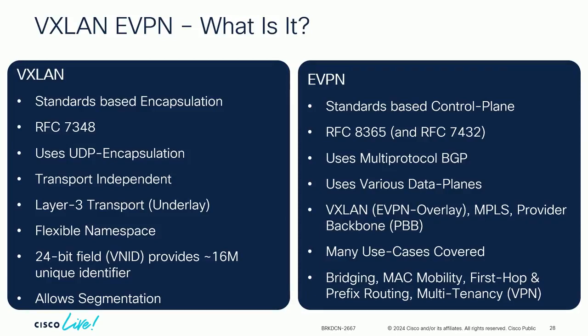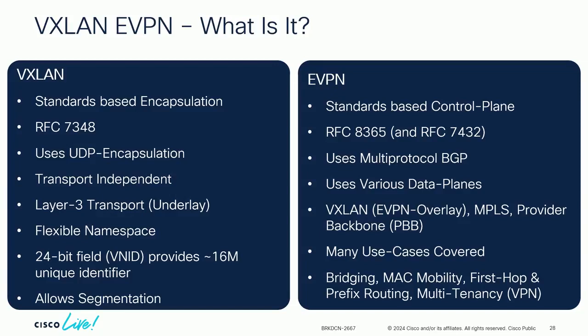The other thing VXLAN gives us is a highly flexible namespace. The VLAN namespace is a 12-bit part of the header that gives us 4,096 VLANs that we can use. The VXLAN architecture gives us a much larger address space at 24 bits, which gives us 16 million segments. So it's much more flexible, much more oriented at segmentation types of deployments.